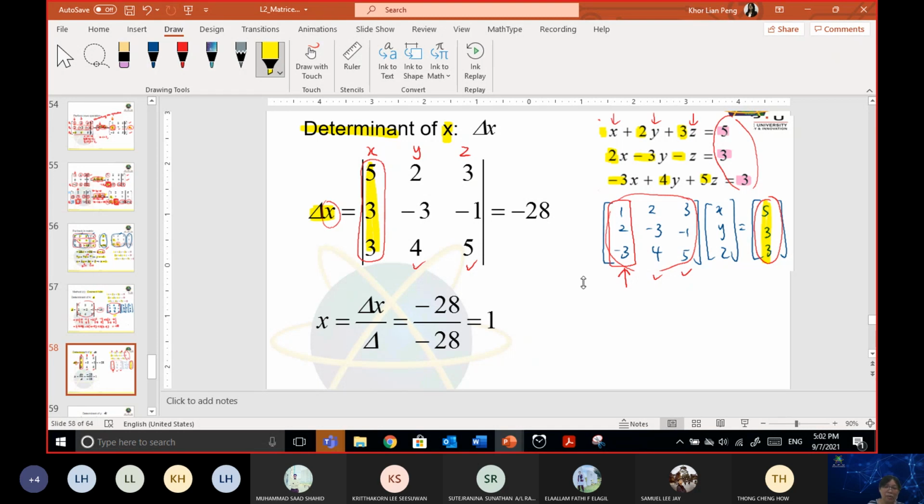Then we continue to find the determinant. How we find the determinant? Remember positive, negative, positive. First row is 5, 2, 3.